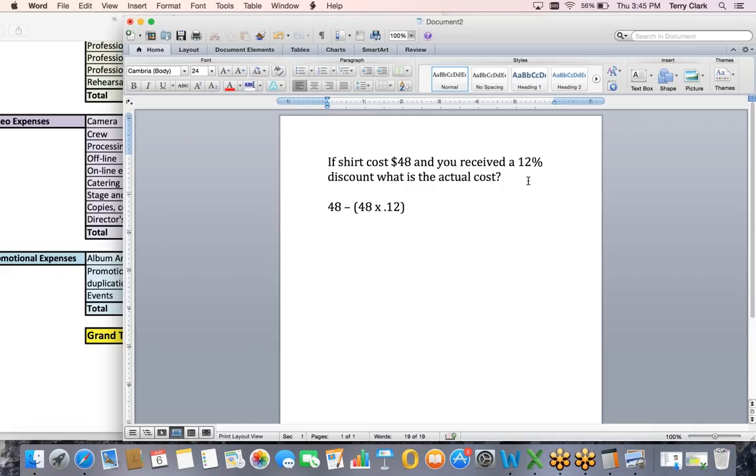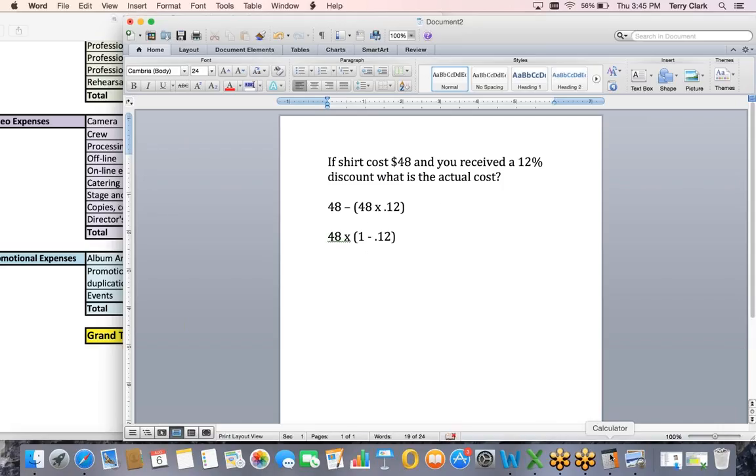Another way we could do it is take 48 times, 1 minus 0.12, and do it that way.